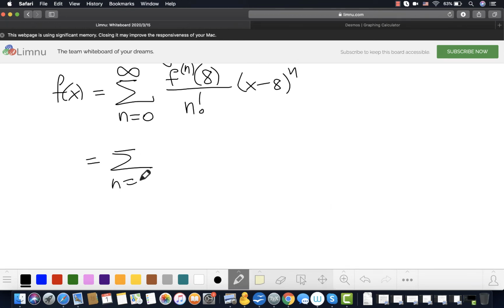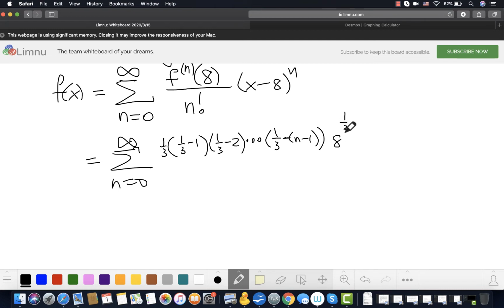Sum n goes from 0 to infinity. Okay, so what you have is 1/3 times (1/3 minus 1) times (1/3 minus 2) up to (1/3 minus (n minus 1)), and then you have 8 to the power of (1/3 minus n).